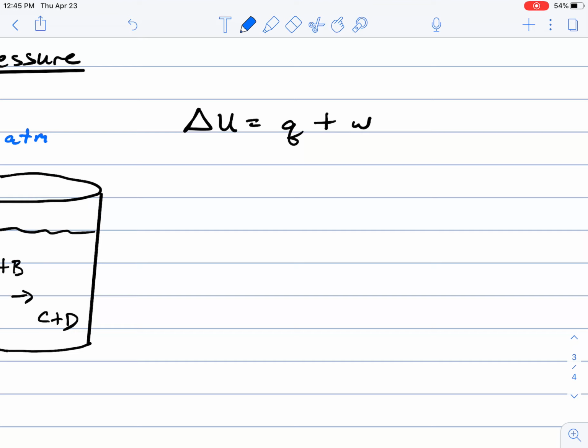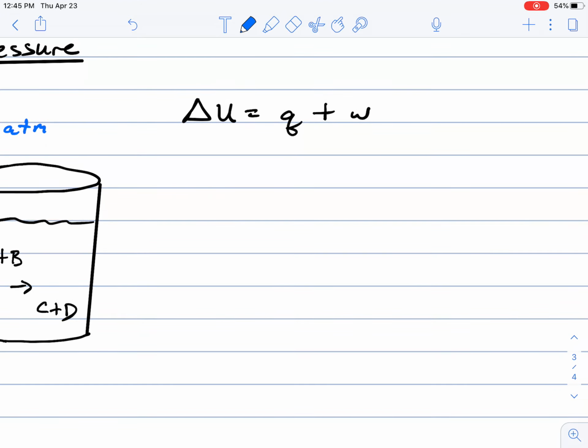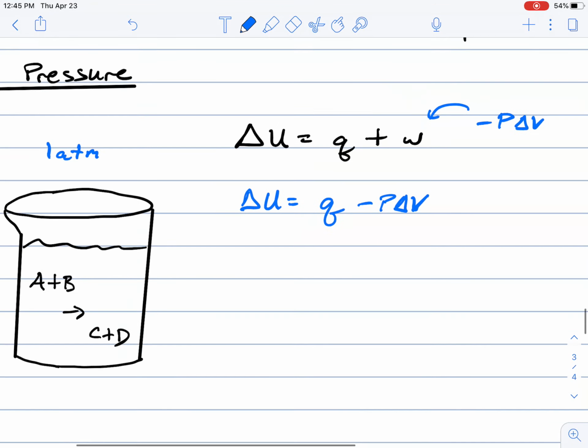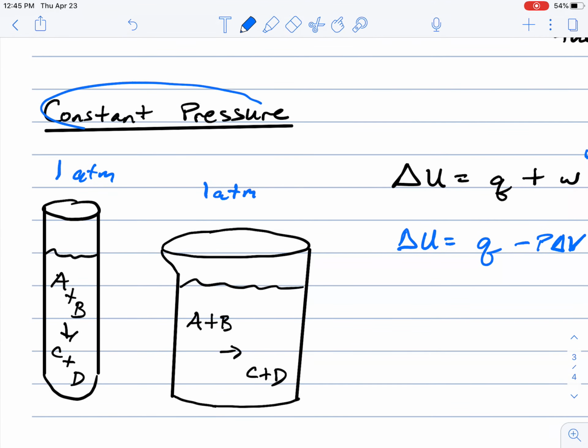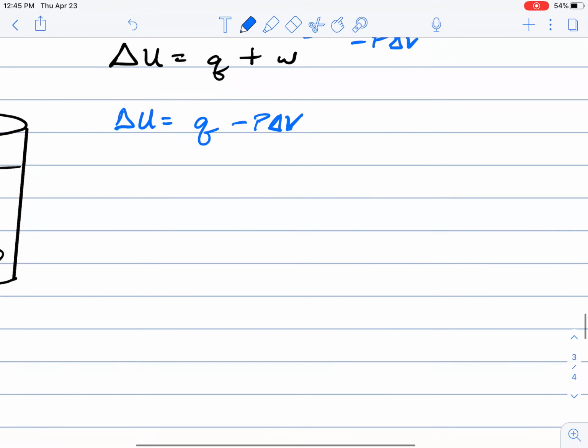Looking at our equation given by the first law of thermodynamics, the change in internal energy is equal to the sum of Q and W, and I'm going to plug in minus P delta V for W. So what I get is Q minus P delta V. Since we're under constant pressure, none of these terms cancel out.